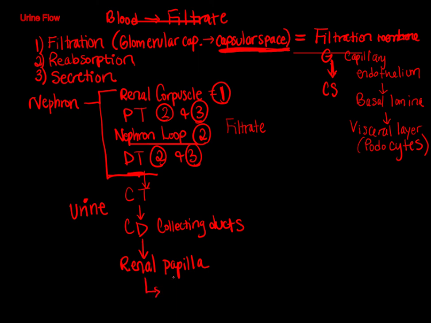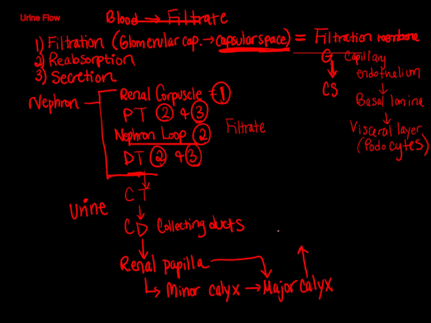So then the papilla will drain into your minor calyx, and multiple minor calyces may drain into the major calyx. But remember, it's possible for it to go straight here.